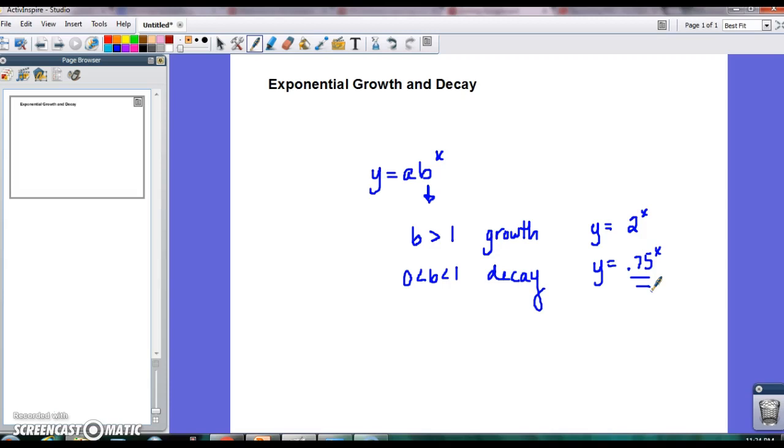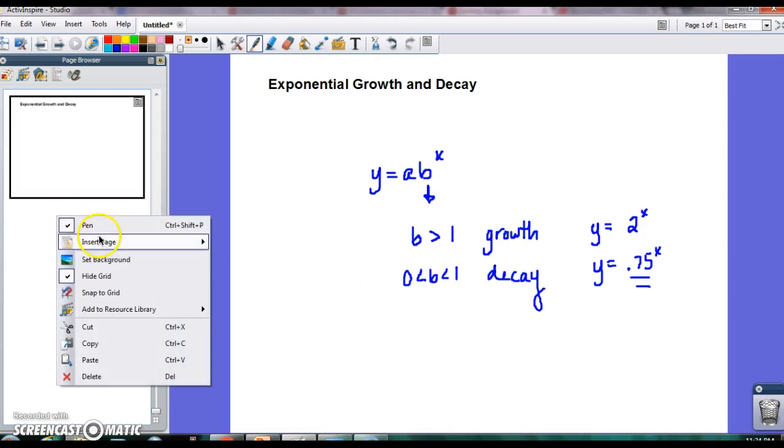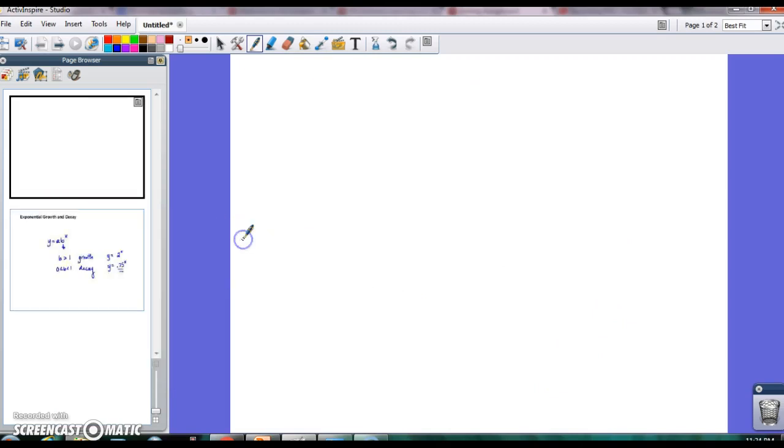Okay, let's talk a little bit about the graphs of exponential growth and decay. I'm doing this all kind of basic, really just giving you a sketch by hand to give you the general overview. So a times b to the x is the general form. When you have a graph of an exponential function, it looks like this.